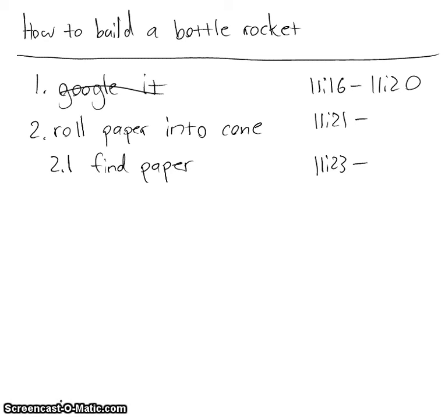And let's say we start that task, the interruption that is, at 11:25. At this point, we're still within item number 2, which is to roll paper into cone. We jumped into the subtask, which was to find paper, and we got distracted by doing some social networking.